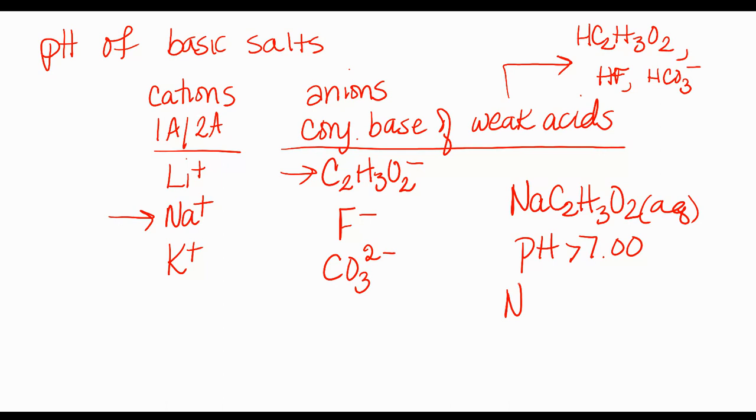If I have sodium ion with carbonate, pH greater than 7 as well, because it has sodium ion with carbonate. So pairing a group 1A and 2A cation with an anion of a weak acid, then you know that their pH is greater than 7. So let's go ahead and do a calculation with that.